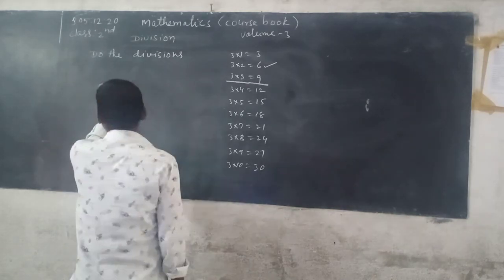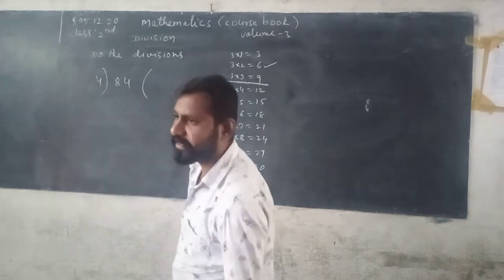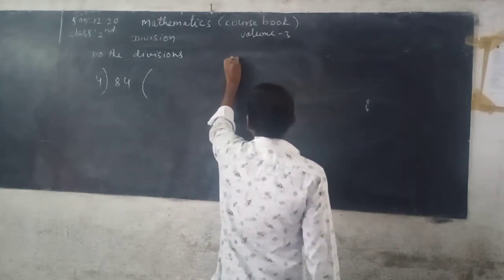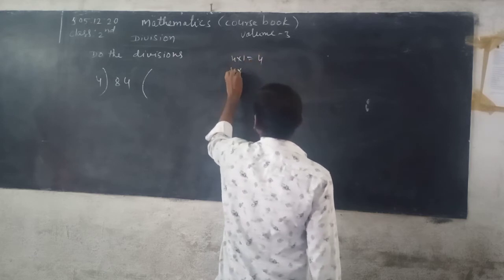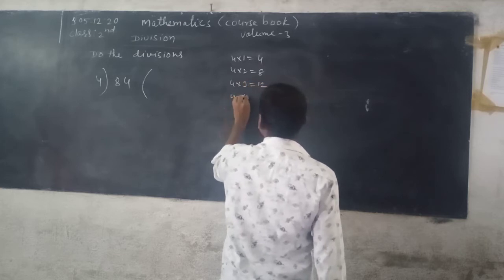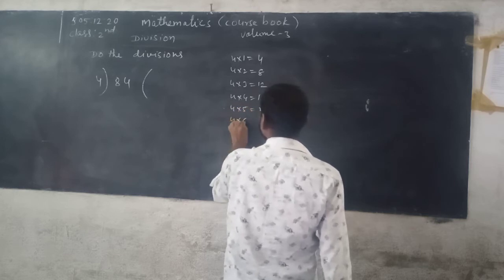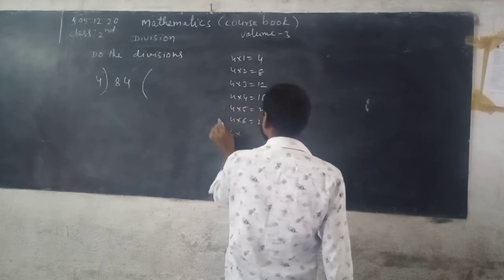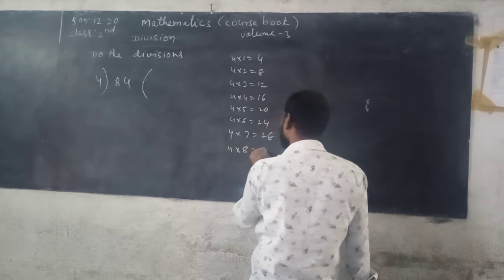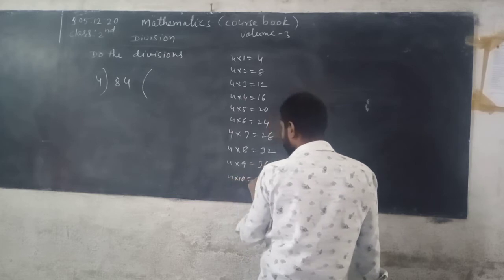84 divided by 4. 4 1s are 4, 4 2s are 8, 4 3s are 12, 4 4s are 16, 4 5s are 20, 4 6s are 24, 4 7s are 28, 4 8s are 32, 4 9s are 36, 4 10s are 40.